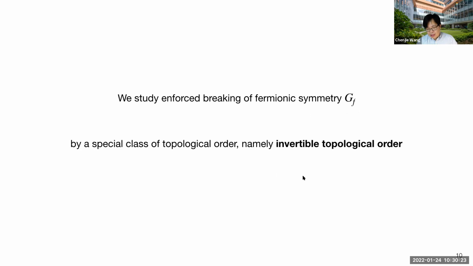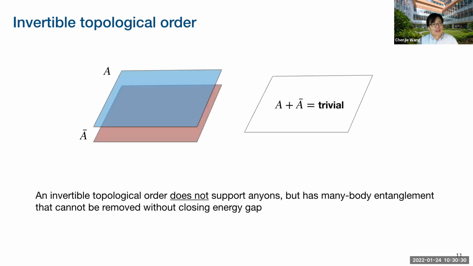The name may sound unfamiliar, but I guess most of you know what it means in terms of examples. By definition, given a topological state, say a topological order A, saying it's invertible means that we can find another phase, A bar.